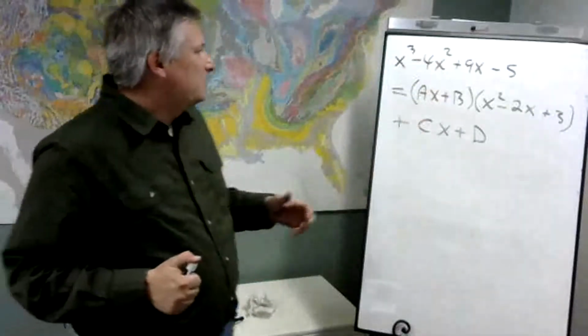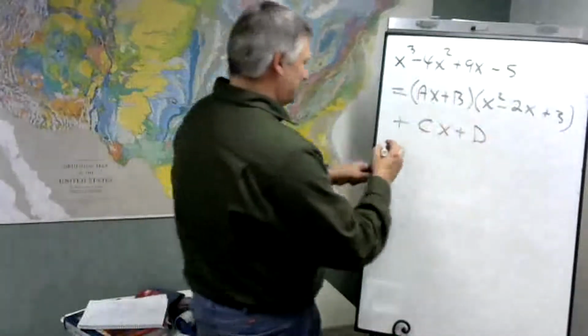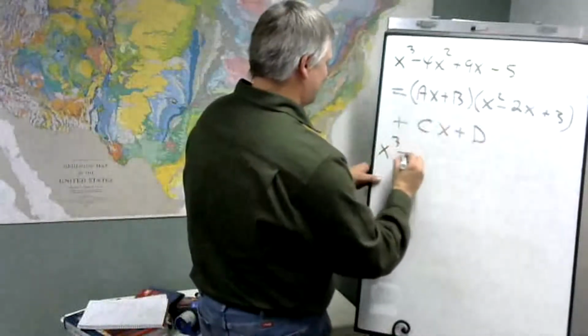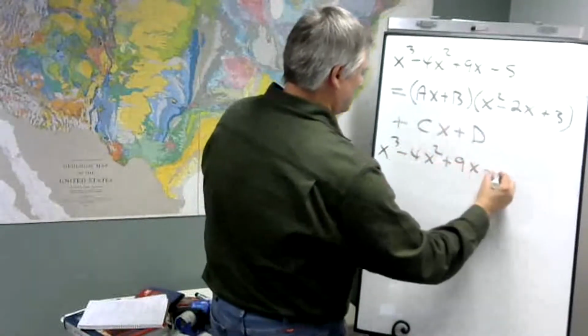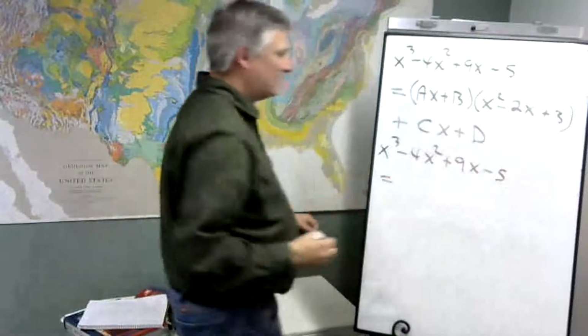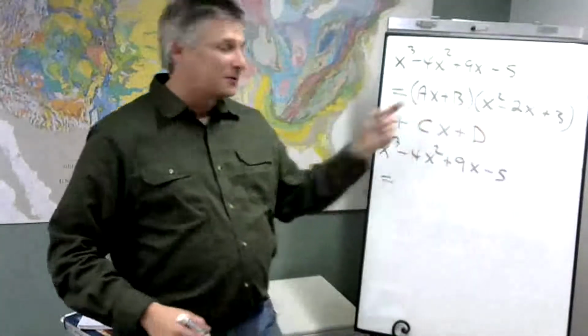So what we're going to need to do, we're going to need to distribute this through. I'm going to multiply each of these by the ax.